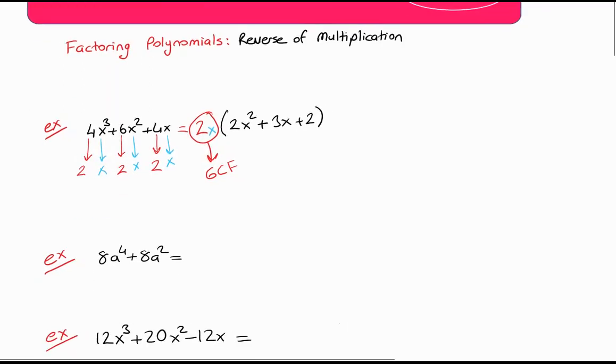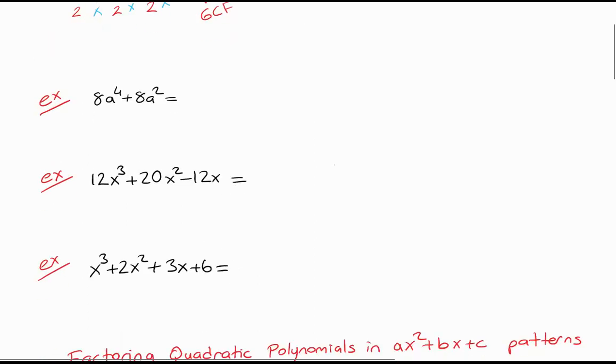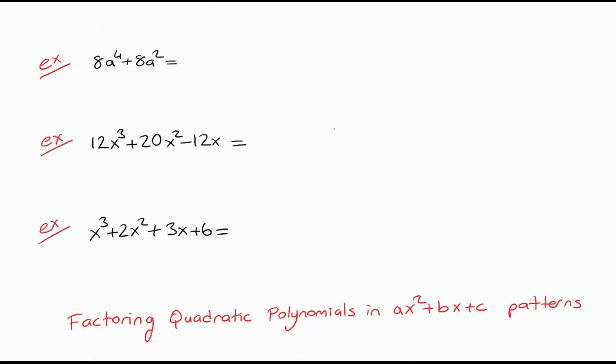So let's make another example. In this example, I have 8 and 8, so their greatest common factor is 8. How about for variables? I have a to the 4 and a squared, so the greatest common factor is a squared.